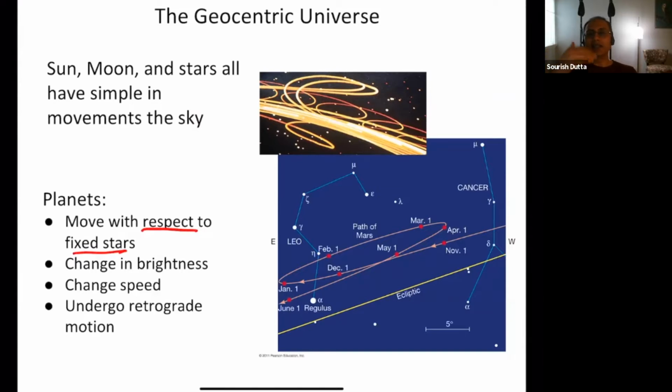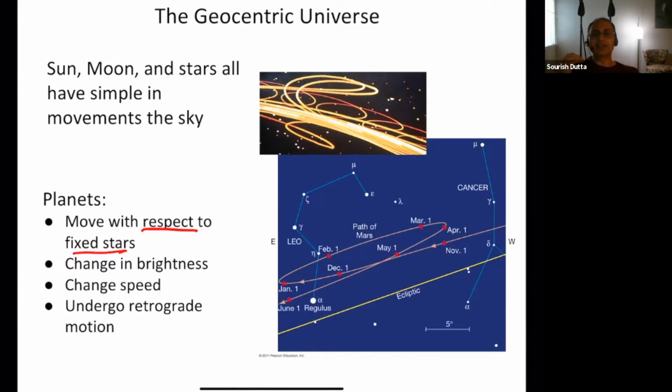But over a period of a few days, if you carefully track the position of a planet, you'll see that it is changing position. So not only do the planets change position, they also change speed. Sometimes you might find that a planet has moved quite a bit across the sky over the period of a month, but then another time you might find that it's moving quite slowly, or it's hardly changed position at all over this month. So the speed at which they move across the sky is different.